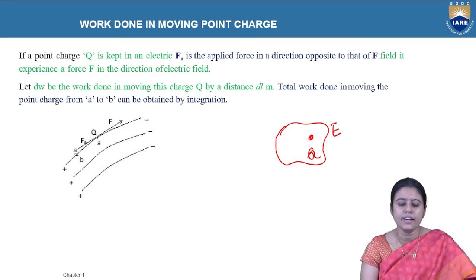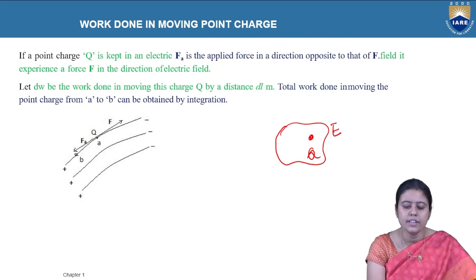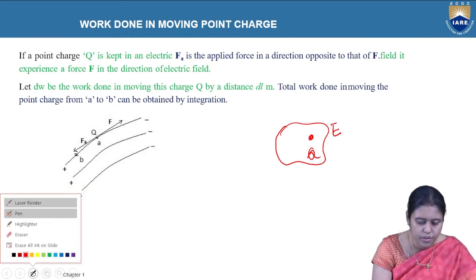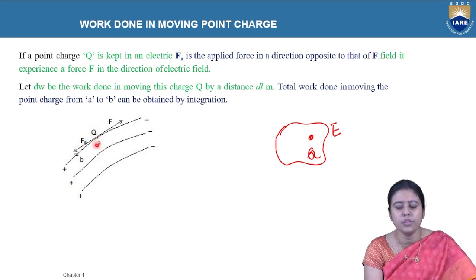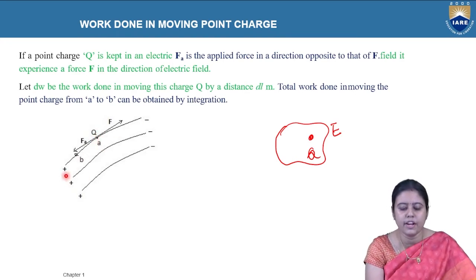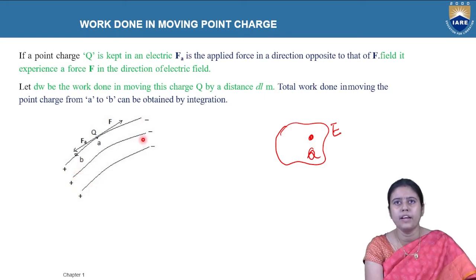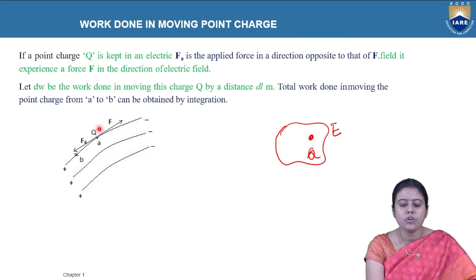So if you can see, this is an electric field, and these are the electric lines of force due to the charge Q. There are positive charges and negative charges, and there are n number of electric lines of force. If we put a charge Q on it, it will feel some force.